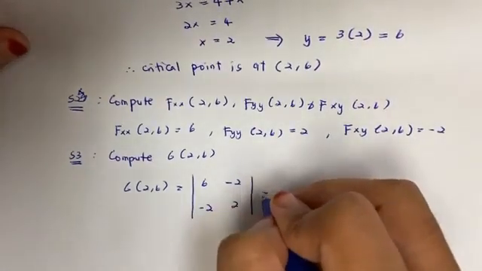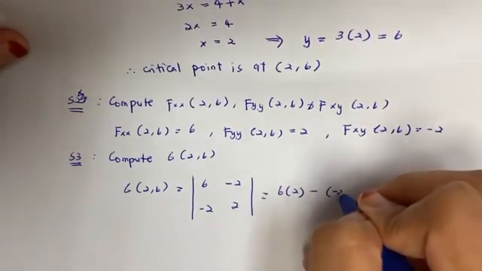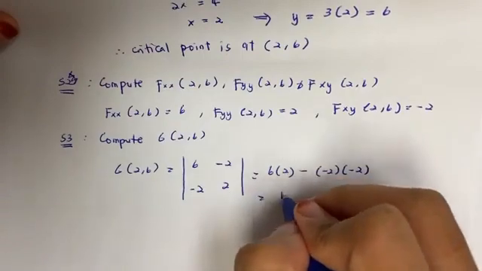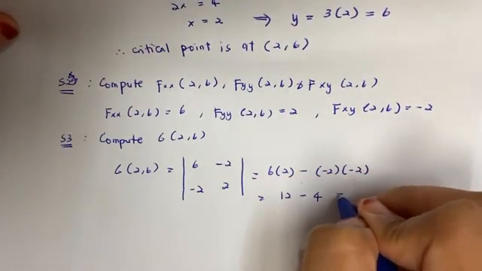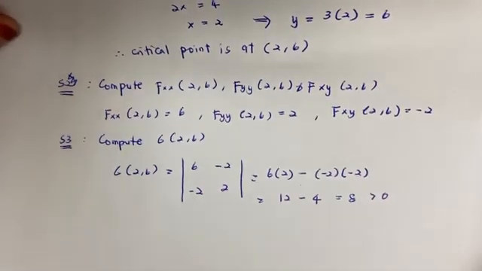Okay, so this one, 6 multiplied by 2 minus 2 multiplied by minus 2. So you have 12 minus, this is 4, positive 4. And this is 8, where 8 is greater than 0.